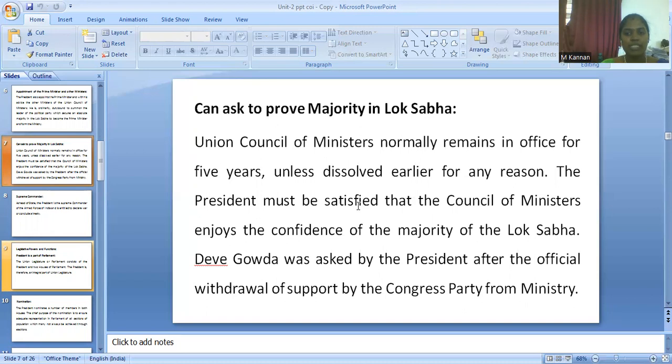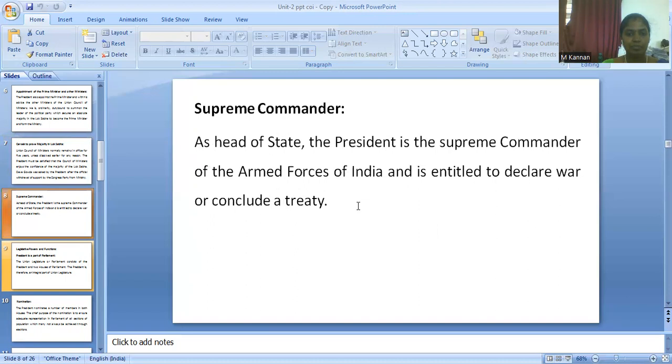The Union Council of Ministers normally remains in office for 5 years unless it is dissolved earlier for any reason. The President must be satisfied that the Council of Ministers enjoys the confidence of the majority of the Lok Sabha. Dev Gowda was asked by the President to prove majority after the official withdrawal of support by the Congress party from the ministry.